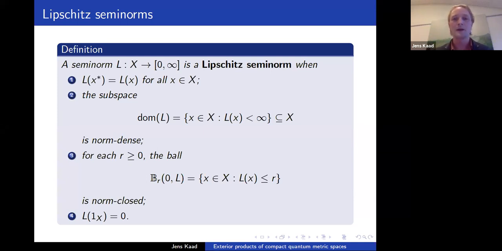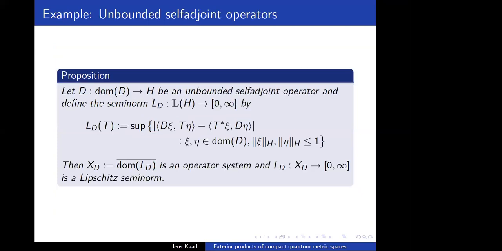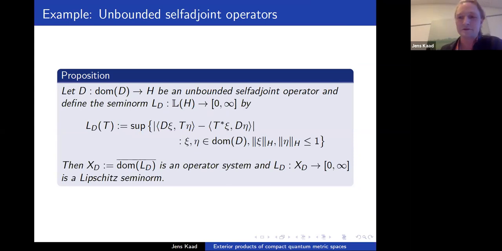Okay, and good examples of Lipschitz seminorms, especially if you're doing noncommutative geometry, come here. If you just have an unbounded self-adjoint operator D acting on a Hilbert space, you can define a seminorm on all of the bounded operators on the Hilbert space, but it can take value infinity. How do you do that?